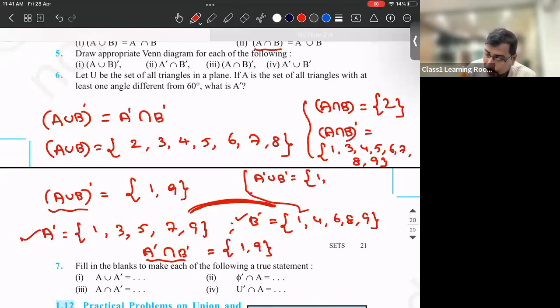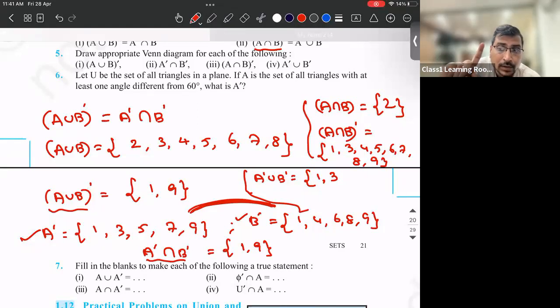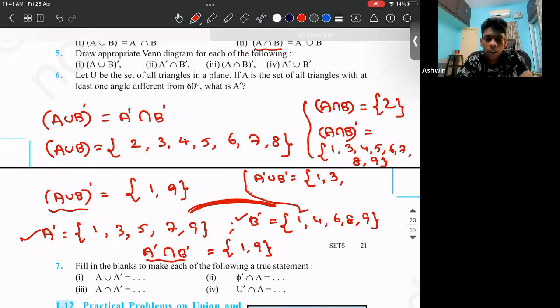You're doing intersection. A complement union B complement is 1, 3, 5, 7, 9 together with the others.